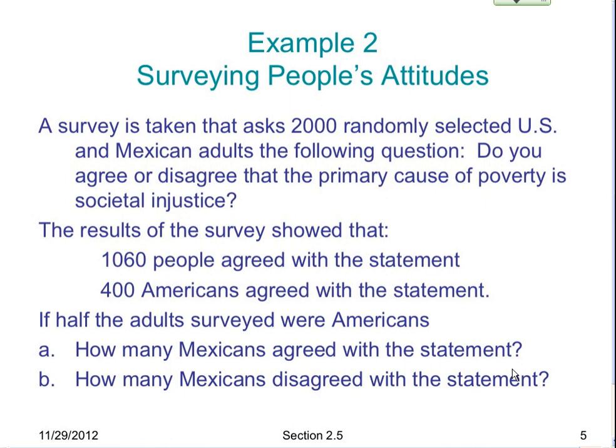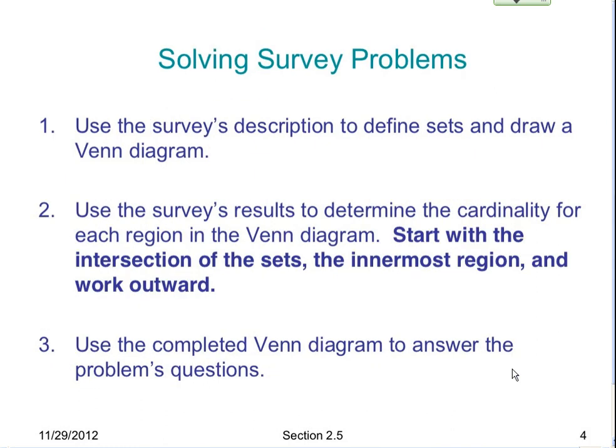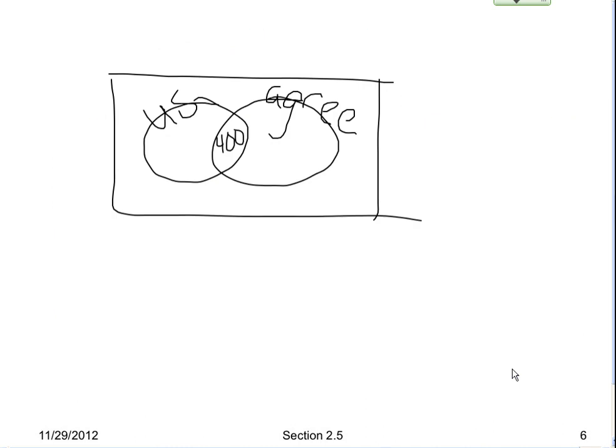Next, we know that half the adults are Americans and there were 2,000 surveyed. So if half of them are American, then we know that there are 1,000 total Americans. Well, I've already used up the 400.